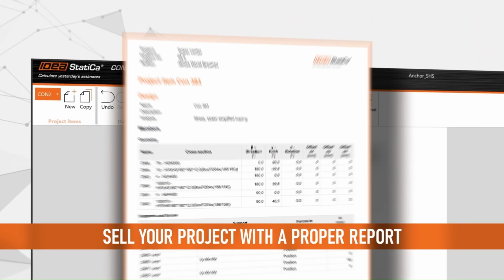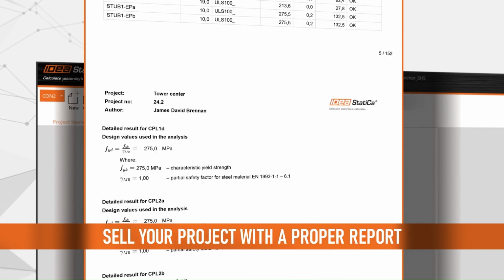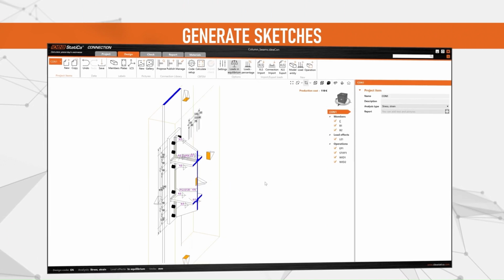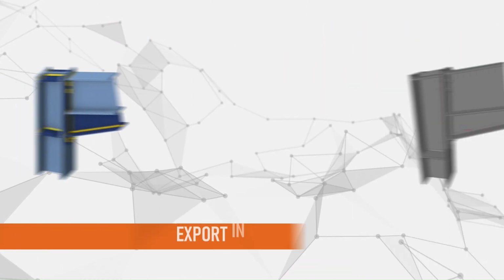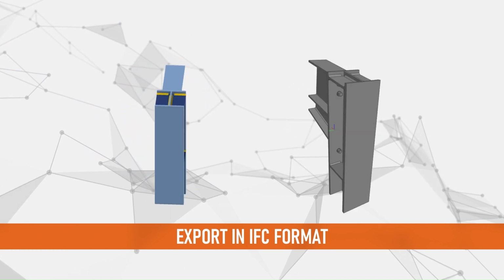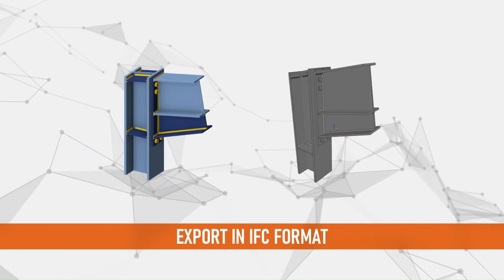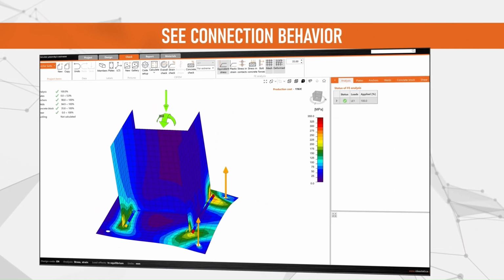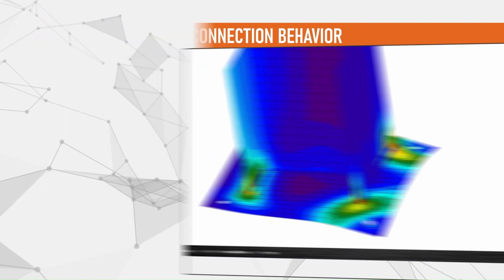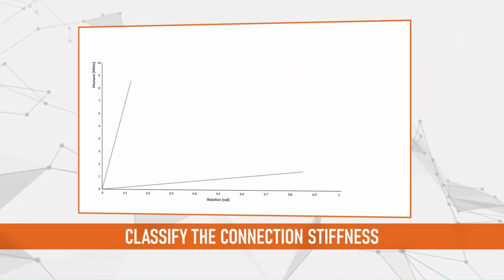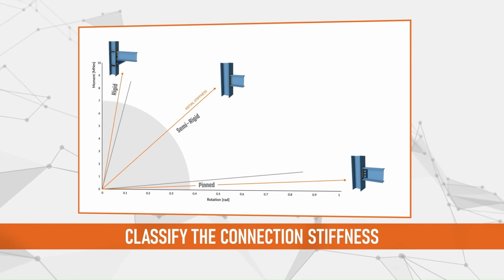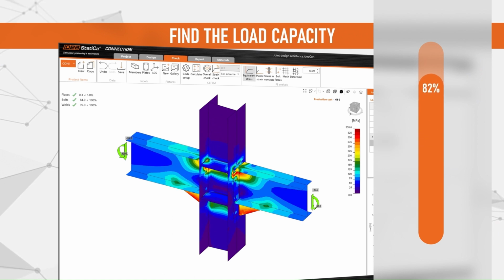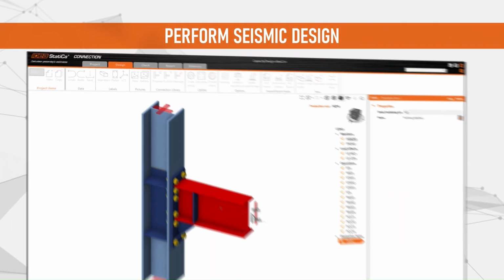So your project with a proper report, with all code check equations, bills of material, and sketches. You can also export the connection in IFC format and share it with your detailer. Visualize how your connection behaves and confirm your assumptions in just one click. Classify the connection stiffness as pinned, semi-rigid, or rigid. Find the real load capacity of connections. Perform seismic design.